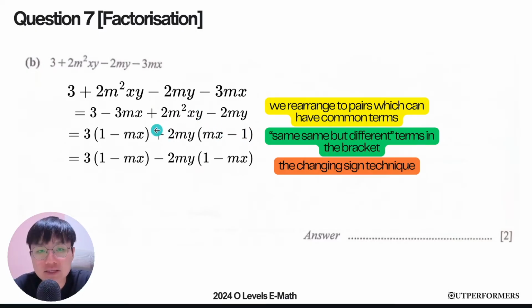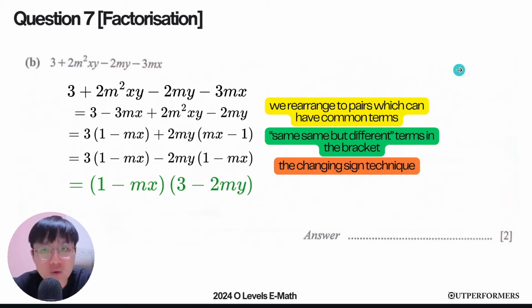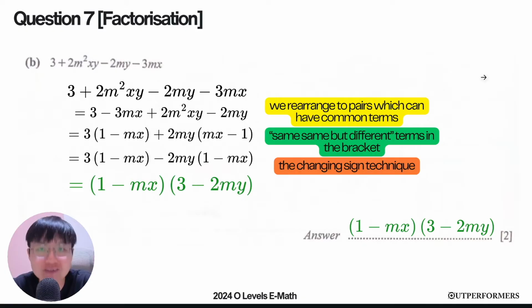After taking negative 1 out, I will be able to change the negative mx, negative 1, to positive 1. And ta-da! We will have two of the same terms already. Now we can finally take 1 minus mx out and leave the remaining terms of 3 minus 2my inside. And that is your final answer.